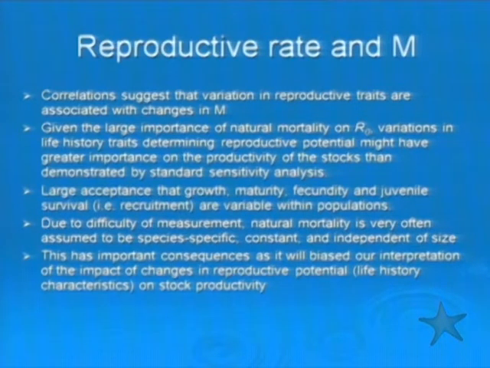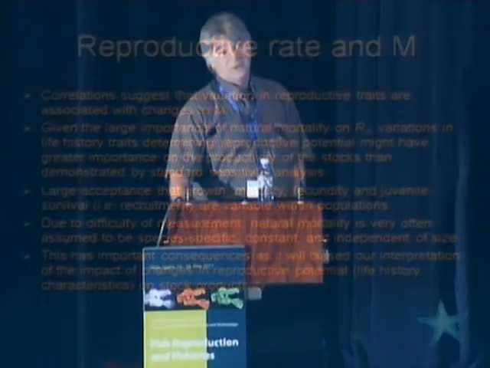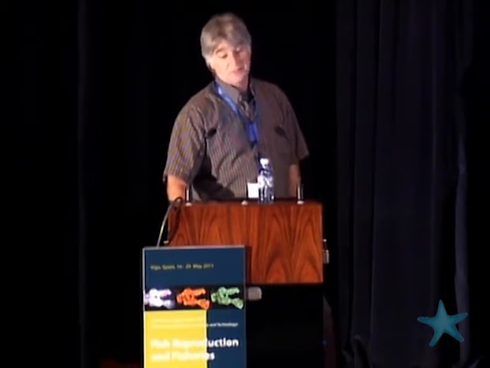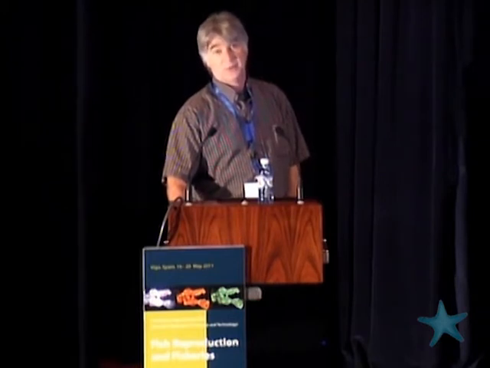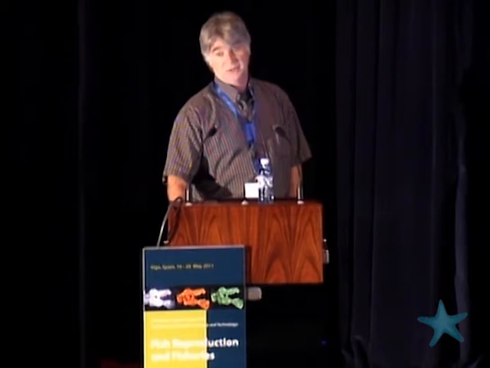There's a large acceptance that growth, maturity, fecundity, and juvenile survival, the recruitment, are variable within a population, but due to difficulty of measurement, natural mortality is very often assumed to be species-specific, constant, and independent of size. This has important consequences as it will bias our interpretation of the impact of changes in reproductive potential on stock productivity.